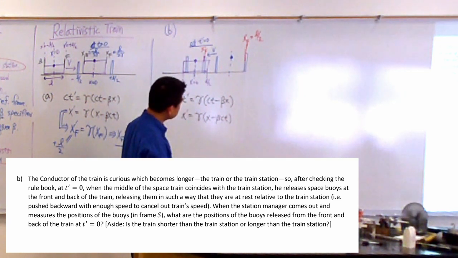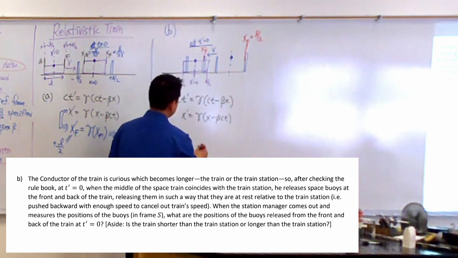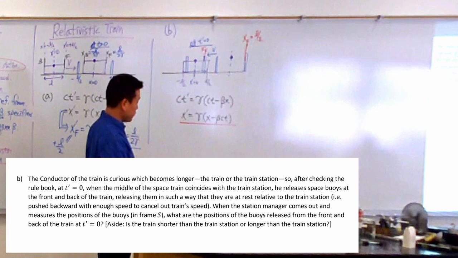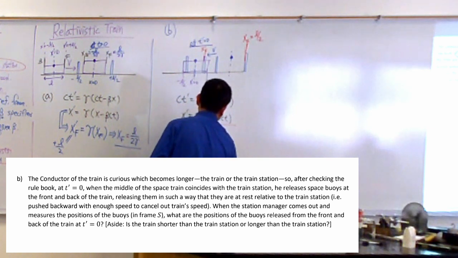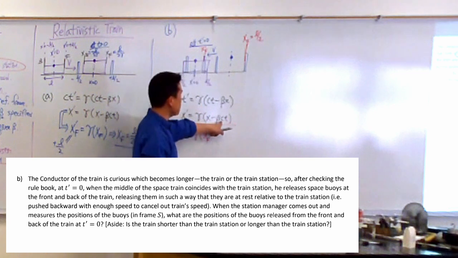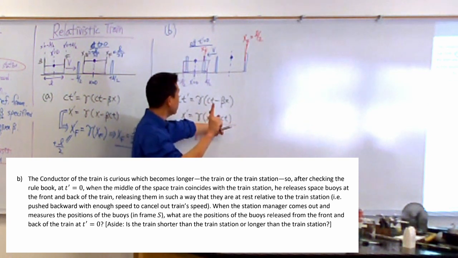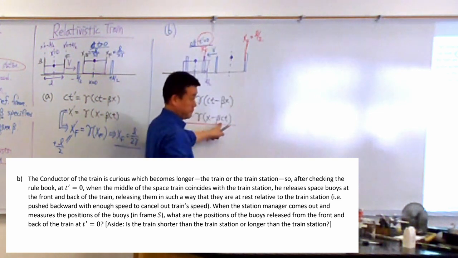Let's say you were to look at the same equation we used last time and try to do the same thing. So x prime f is equal to gamma (xf minus beta ct). Is this still 0? This is where you have to be careful. It said t prime equal to 0.